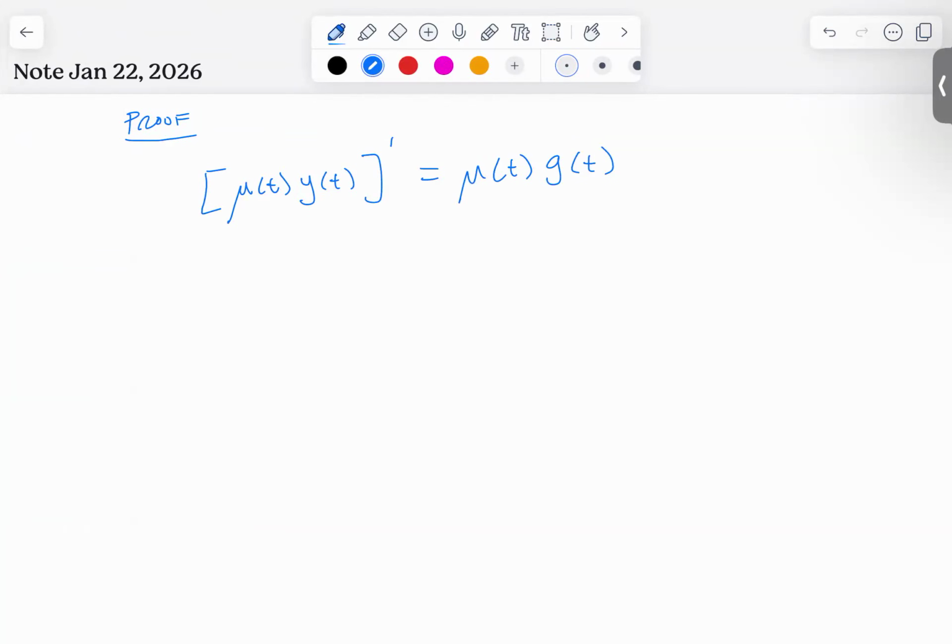So that means we now have mu of t, y of t prime equals mu of t times g of t. Then, all right, when I have a derivative, how do I get rid of it? Take an integral. Integrate both sides.